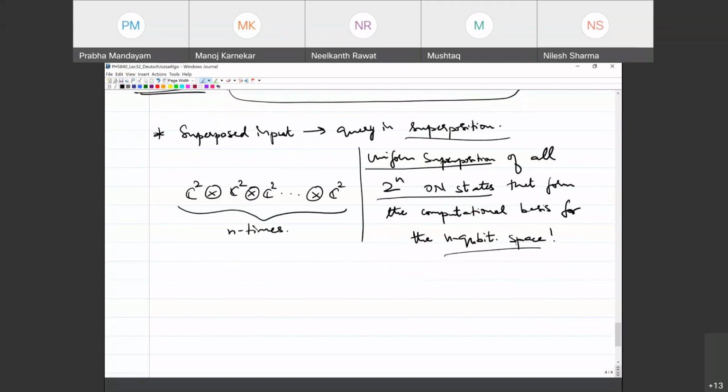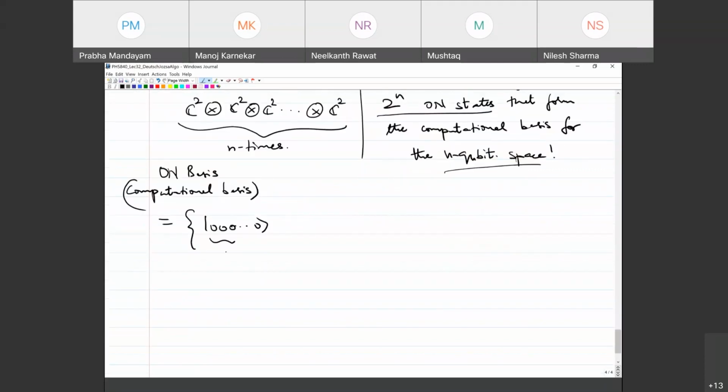So the orthonormal basis for this, what we call the standard or computational basis, has states of the form all 0, and there are n of them. This is an n-bit 0 string. You see, the labels of these computational basis states are all the classical bit strings, right? That's the basis that we call the standard or the computational basis.